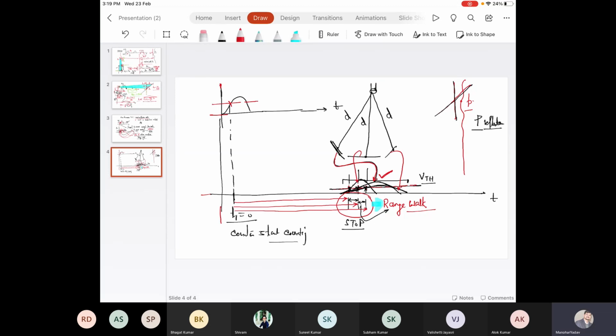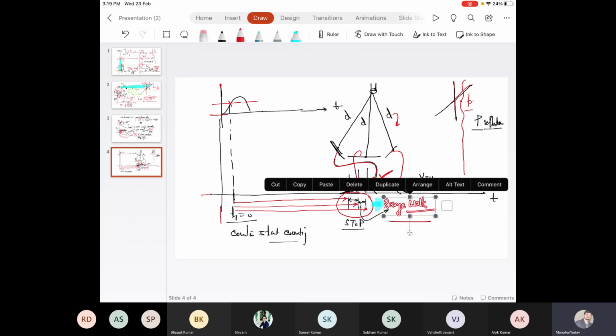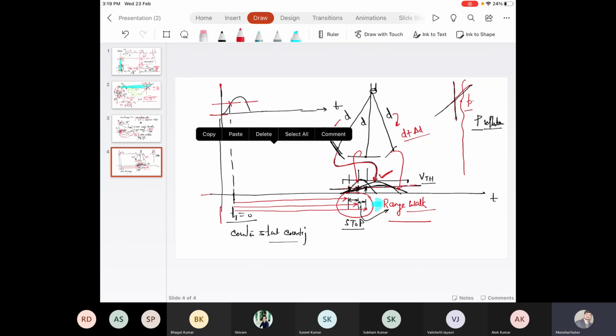Though the distance is the same, there is error, and this kind of error is termed range walk. The range is increased, maybe to D plus delta D. Similarly, this is also D plus delta D.